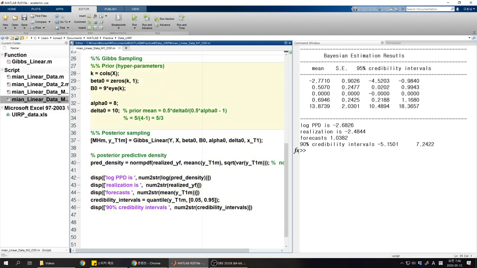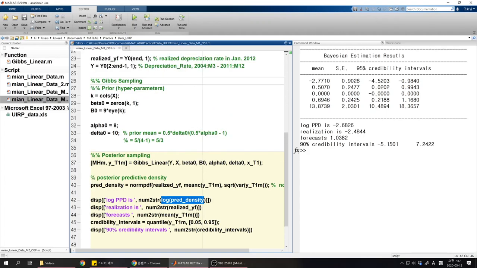Once we have the predictive posterior distribution, we can get its mean and variance, and then compute its density at the realized value, and then take the log. We will repeat this for the most recent 12 months.